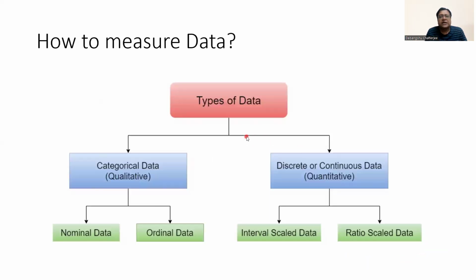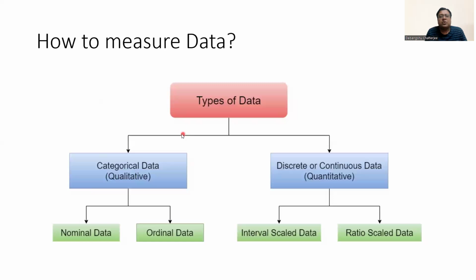Next, a very important concept is the types of data. What are the different types of data? Broadly, data can be divided into two types, qualitative and quantitative. Qualitative is also called categorical data, and quantitative is described as discrete or continuous data.